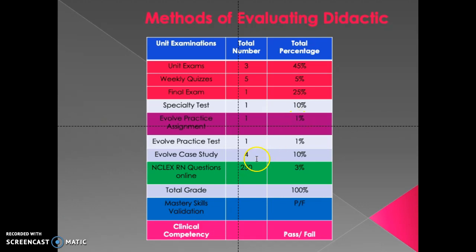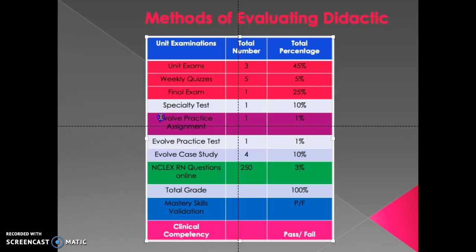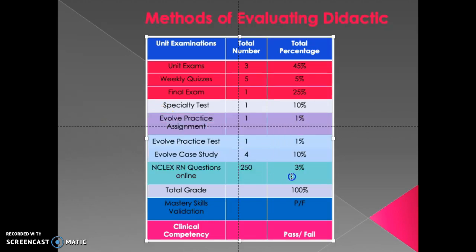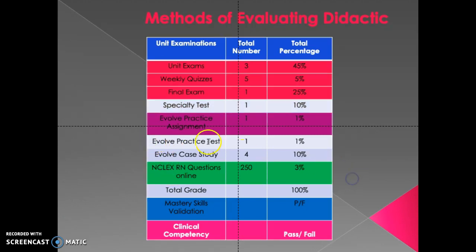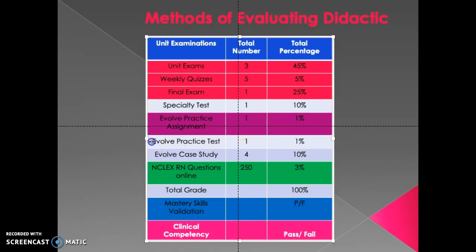In order to get the credit for these assignments at the bottom here, you must obtain a 78% on the ones on top in order for the grades to kick in for these at the bottom.